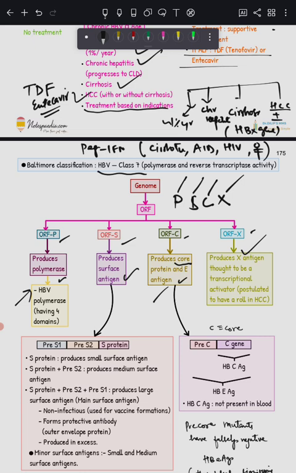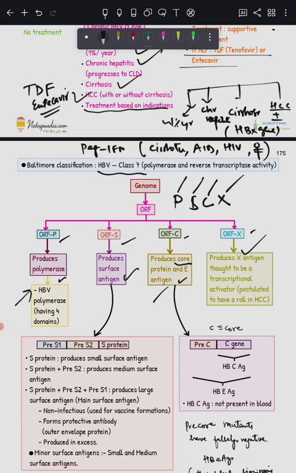So core antigen is not detectable in serum, but core antibody is. So whenever core antibody is seen in serum, you have to think that it is a past infection. And HBsAg positive plus normal ALT plus high HBV DNA means the patient is in the immune tolerant phase, so don't treat yet, monitor.